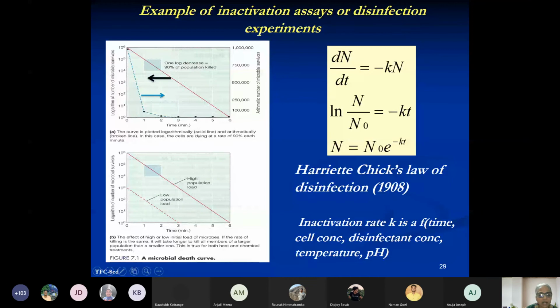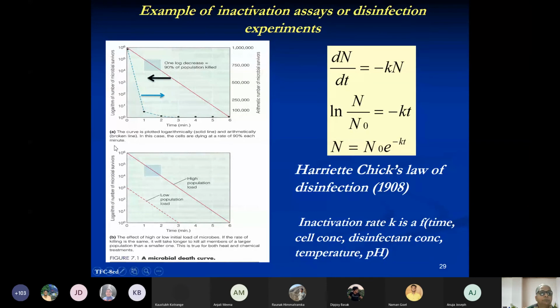So if I say I want 3 log removal, I have a starting population of 1 million cells, which means my 1 million cells has to come down to 1,000 cells. The question is how many minutes will be required to go down to 3 log removal, because that's my objective.